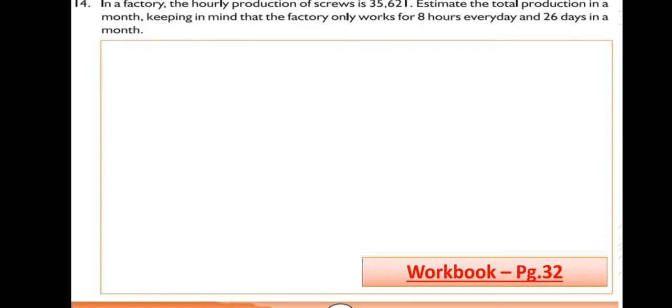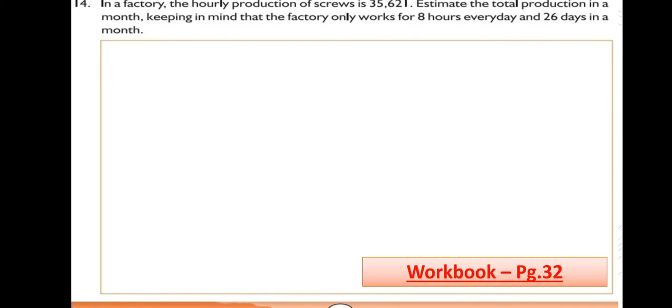And next 14th question in page number 32 in your workbook. In a factory, the hourly production of screws is 35,621. Estimate the total production in a month, keeping in mind that the factory only works for 8 hours every day and 26 days in a month. So in a factory, 1 hour production of screws is 35,621.